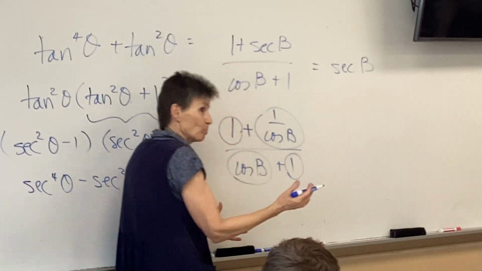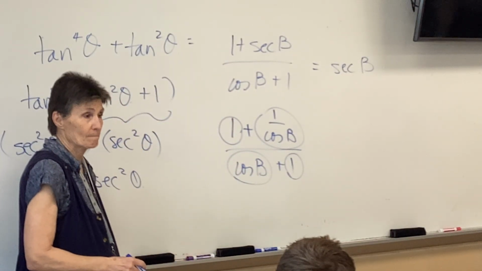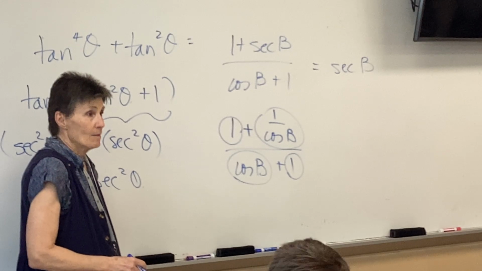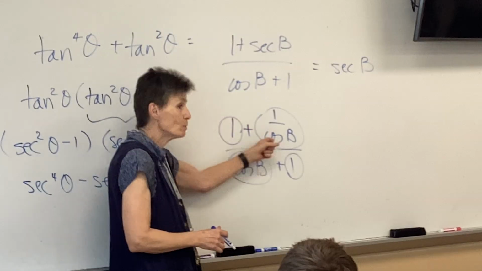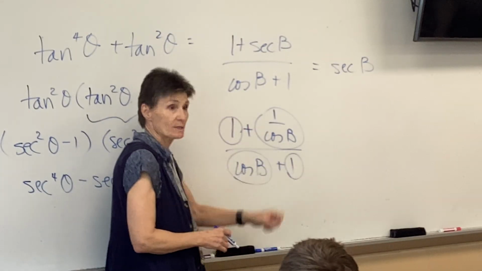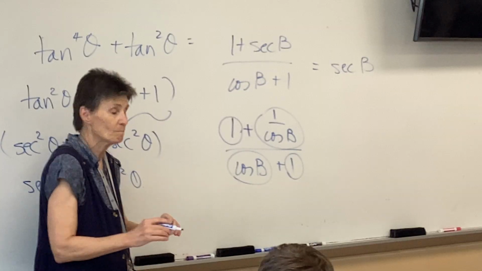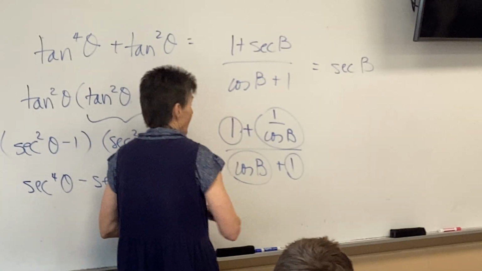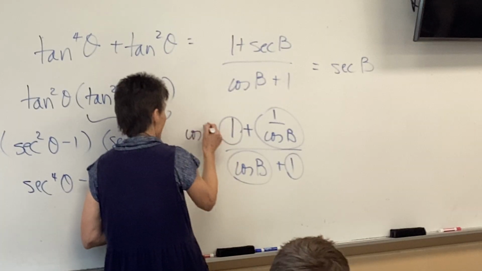This is an algebra thing. The common denominator of the components is cosine. That's the only denominator of the components. So multiply each component by cosine.